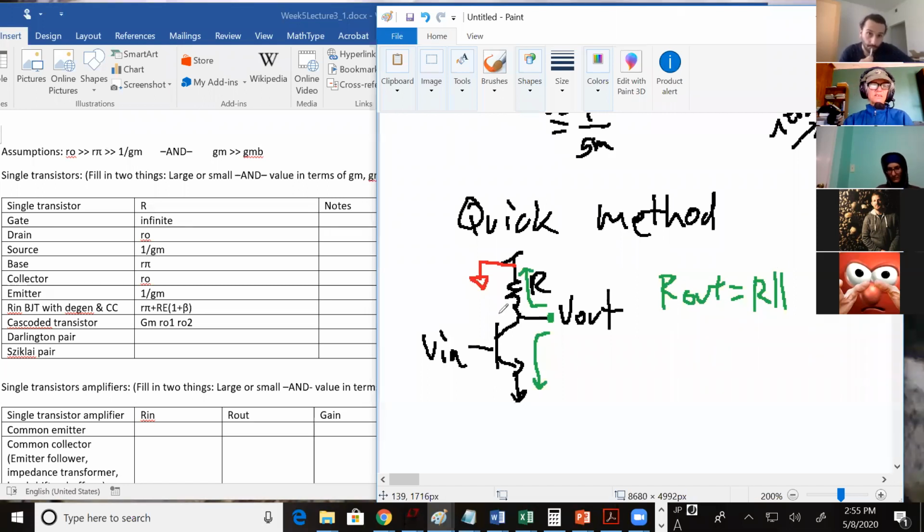Collector, and you go over here, collector, RO, and you're done. And then you say, does this have degeneration? Nope, so your GM is little gm. The only thing you have to think about is whether this is inverting or not inverting. And if it's inverting, you have a minus sign here. If it's not inverting, then you don't. So is this inverting or not inverting?